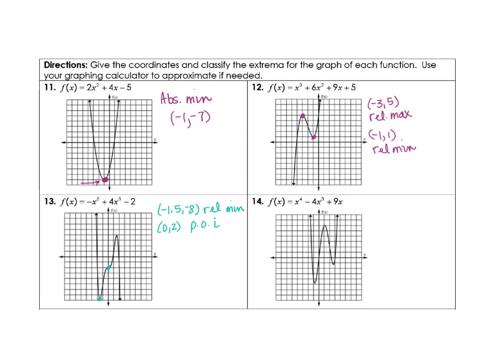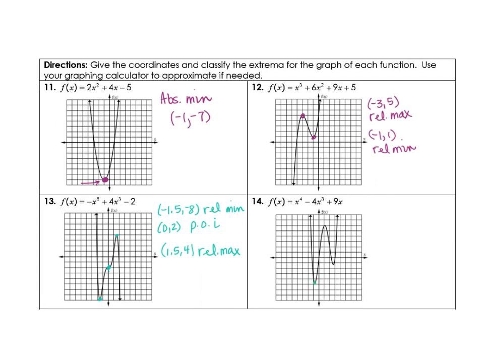And then up here, it looks like at the point 1.5 and maybe about 4, we're going to have a point of our relative max. Okay, so for our next set, I'm going to read this from left to right.